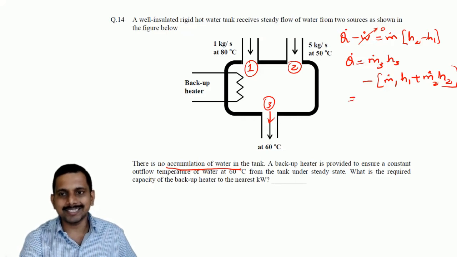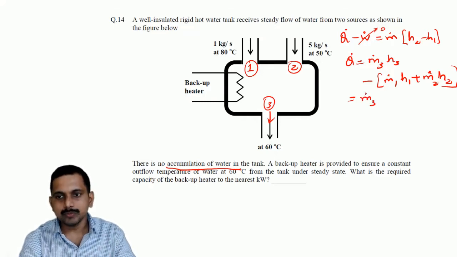Now here we have to understand that H is proportional to specific heat. So I can write this as M dot 3 into Cp into T.